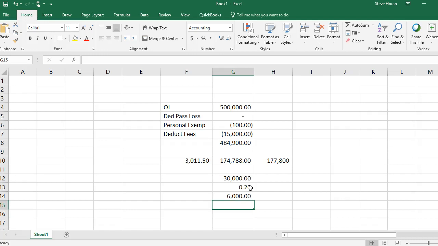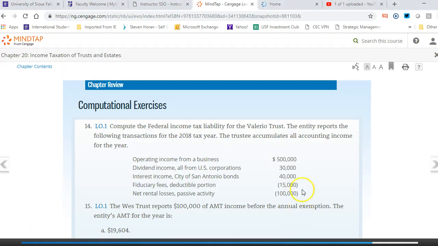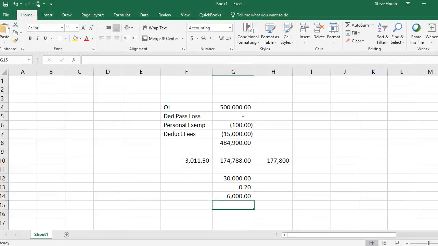Okay, and then we have to pay an additional tax on undistributed net investment income, an extra tax on that, which is 3.8%. So the next thing we do is we take the same 30,000, and that's 6,000. So let's put that right here so it lines up with this number.